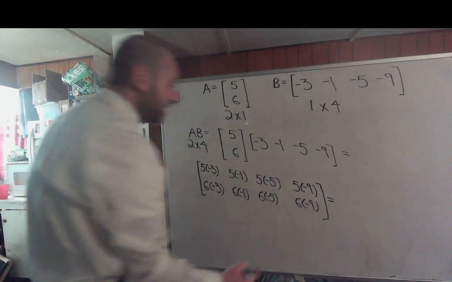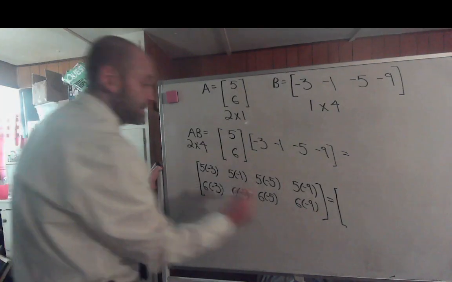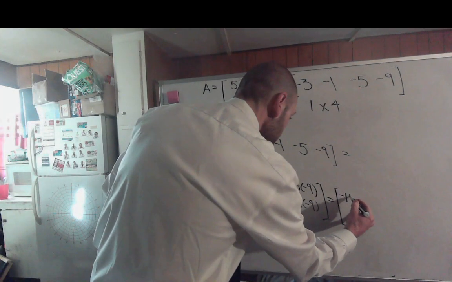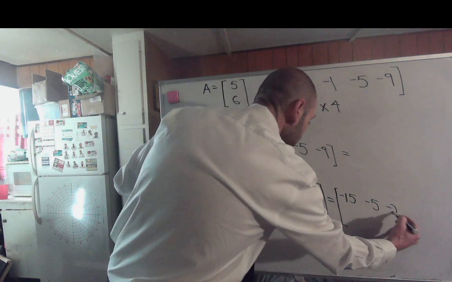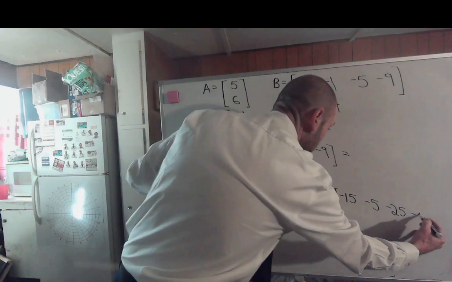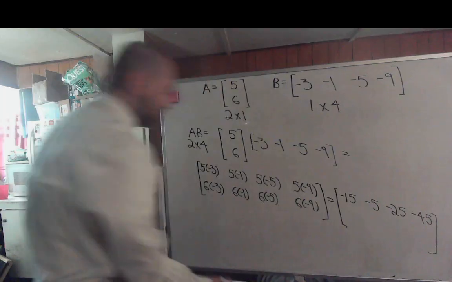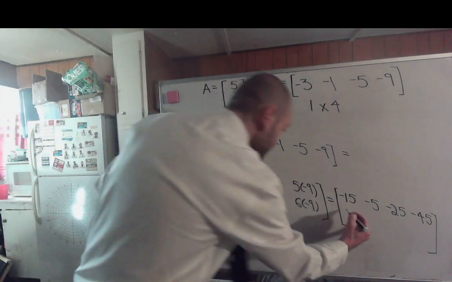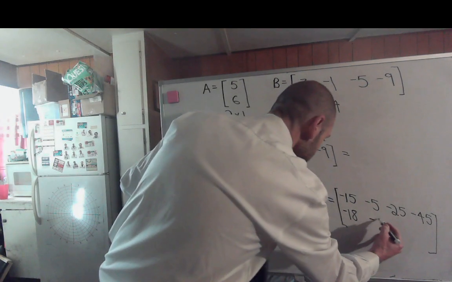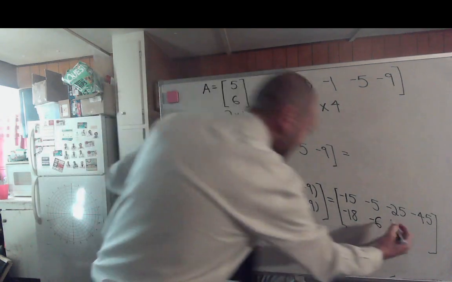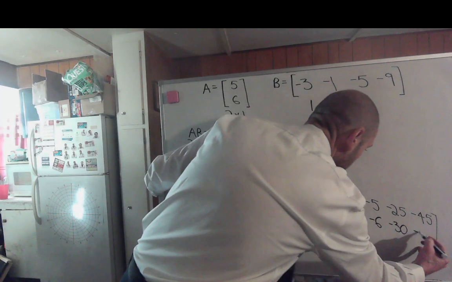This will simplify actually very nicely into -15, -5, -25, and then -45 in the first row. And then in the second row, you'll have -18, -6, -30, and -54.